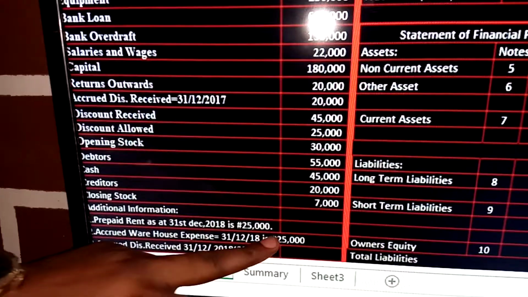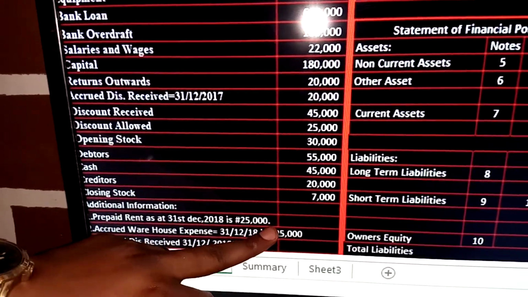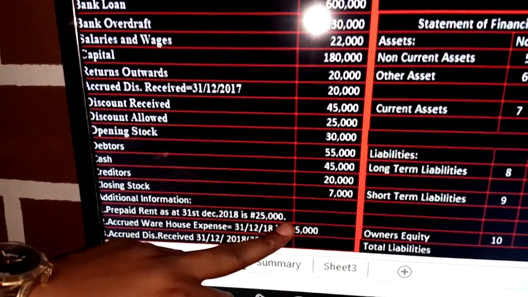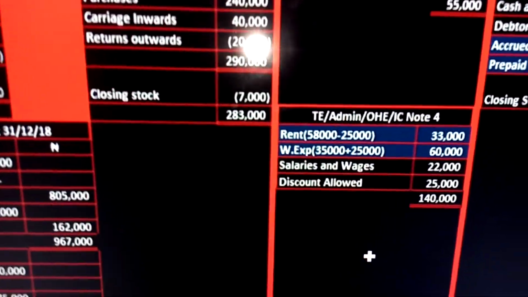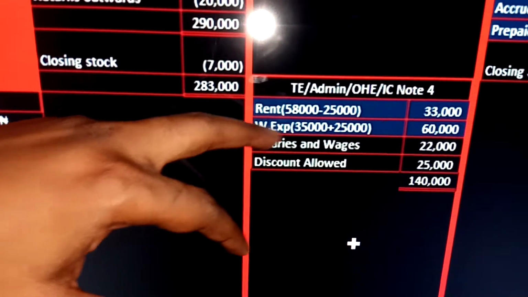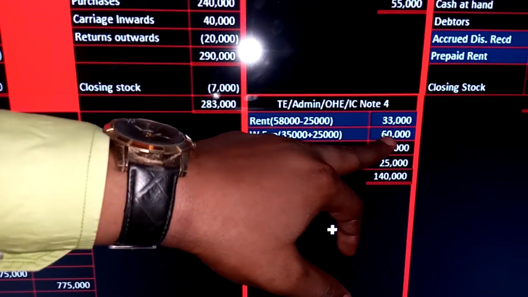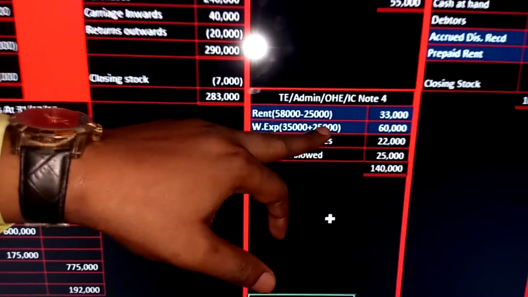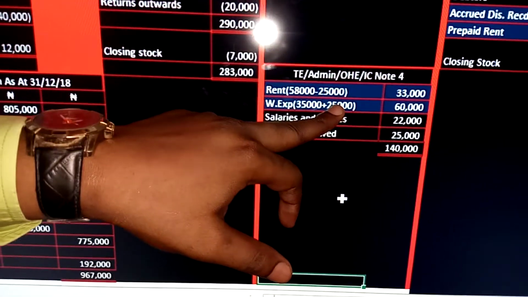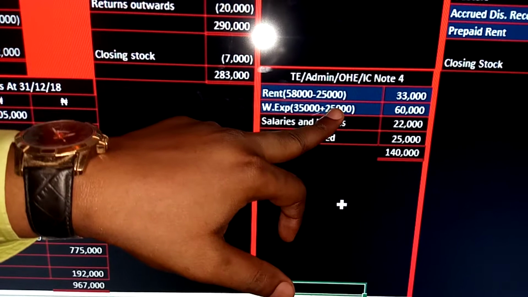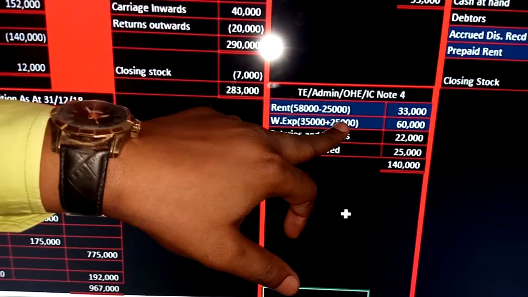This is accrued expense at end. And accrued expense at end, the rule says we should add. There's none at beginning, so we just do at end. So we have warehouse expense 35,000 plus 25,000. That's 60,000.